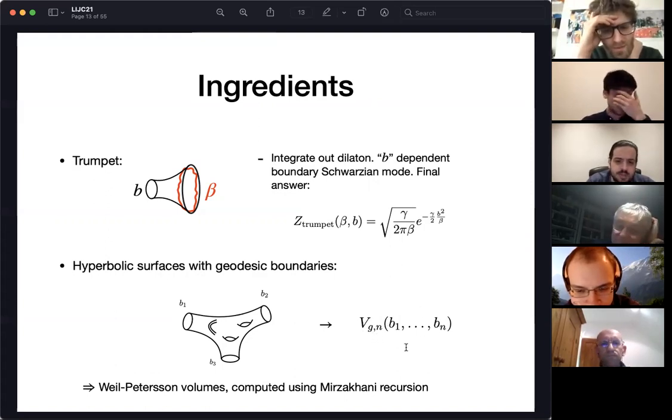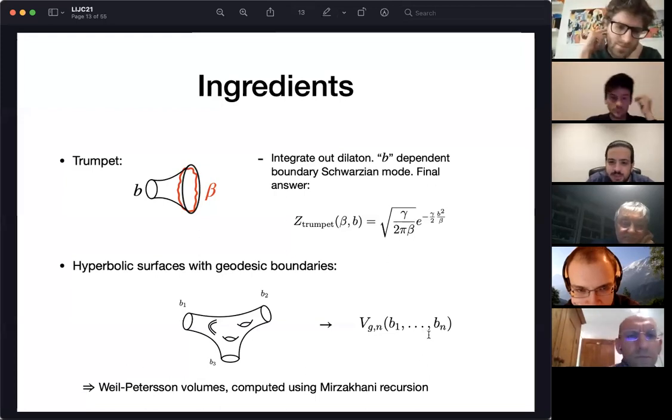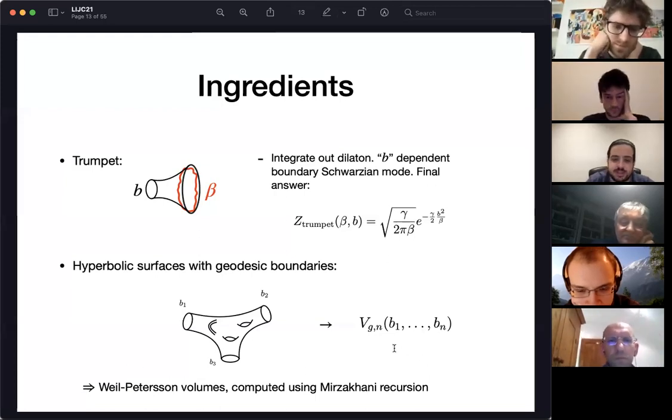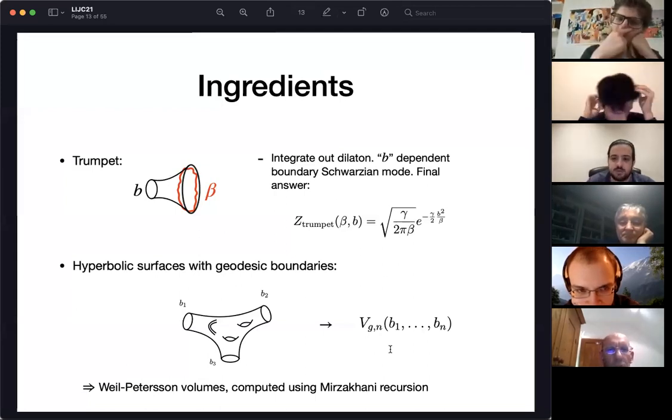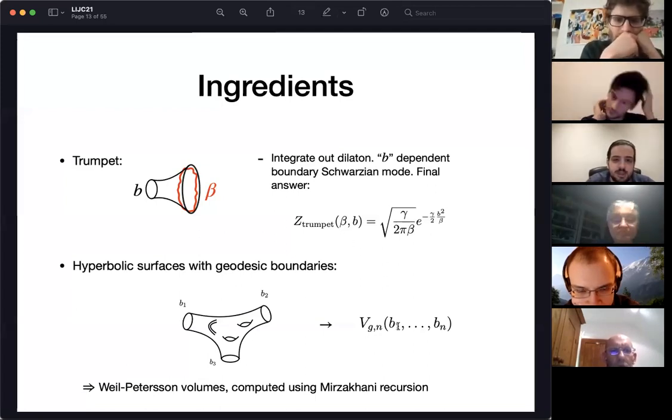A way to compute these numbers was developed by Mirzakhani, and I'm not going to write it down because it's kind of a mess, but there is a topological recursion. There is a recursion relation that these volumes satisfy, such that if you know the answer for some simple cases, you can plug it into the recursion and find them all if you want to. So in principle, we have everything we need to solve the theory.